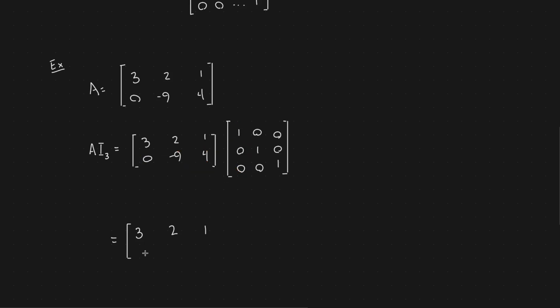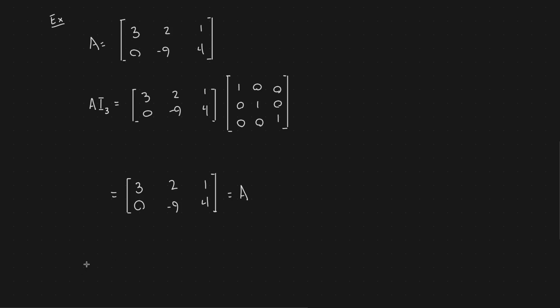Dot product of the second row, second column, I get 0 plus -9 plus 0. So I get -9. And to get the element in the second row, third column, I take the dot product of the second row with the third column. Dot product of those two vectors is 4. Which is the matrix I started with. Okay?